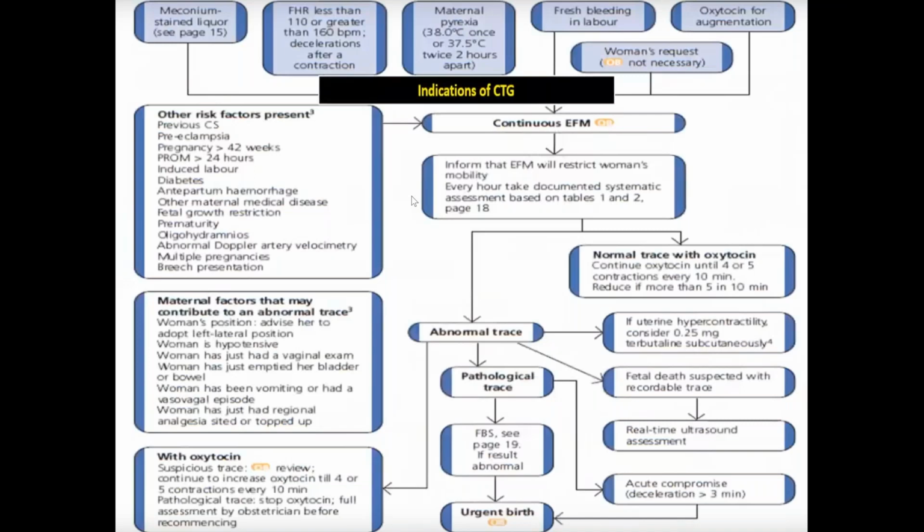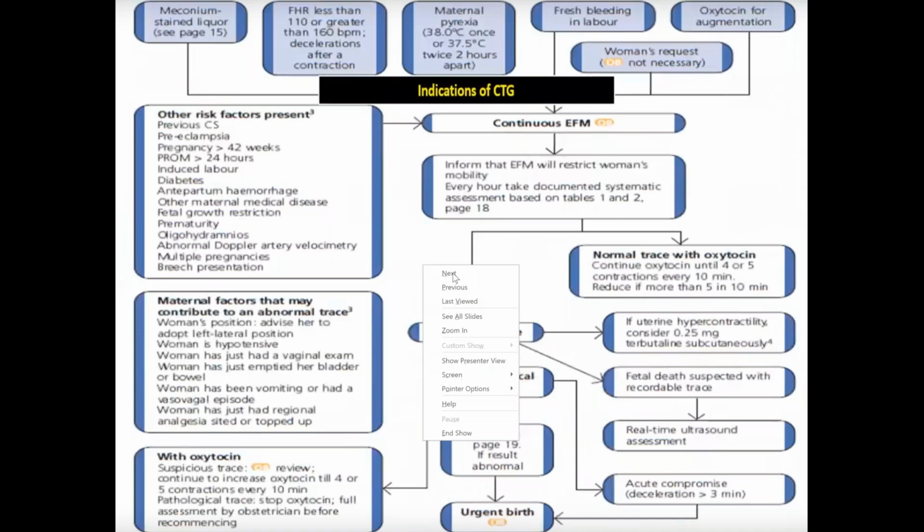If a patient has decreased fetal movement, we do a non-stress test, so we record the fetal heart rate. If the patient is in labor, we do intrapartum CTG. Okay, sir, thank you very much.